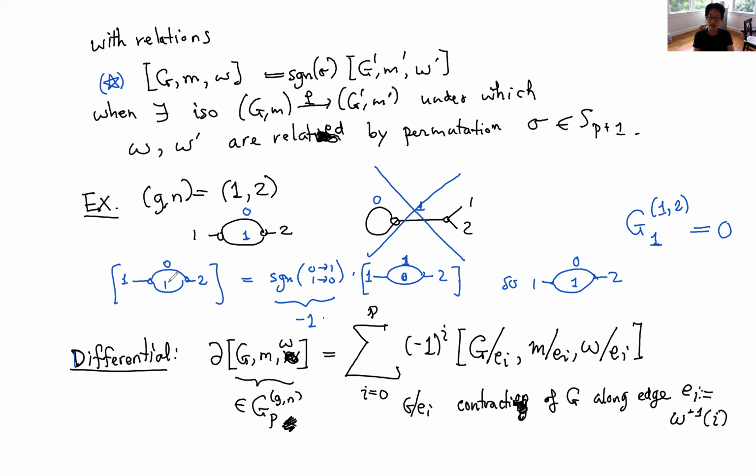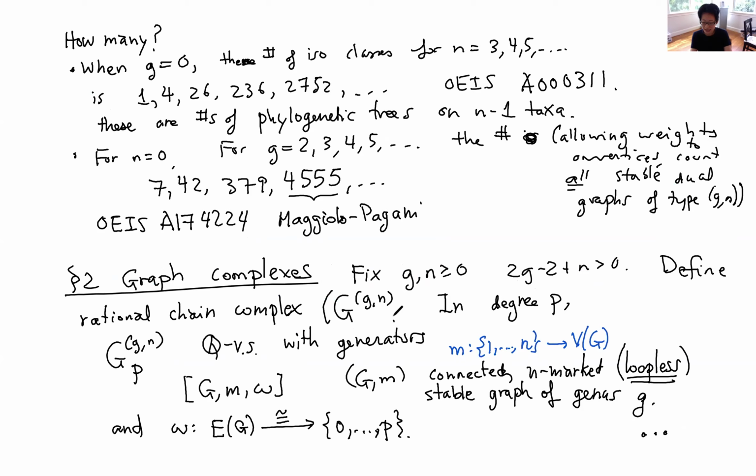Okay, hopefully that answers Aaron's question. Alessio says, can you repeat which object this differential is associated to? Actually, I'm not sure exactly what's being asked, so let me just try to clarify. On a previous page, I said I was going to introduce a chain complex. That chain complex is G upper Gn together with a differential partial.